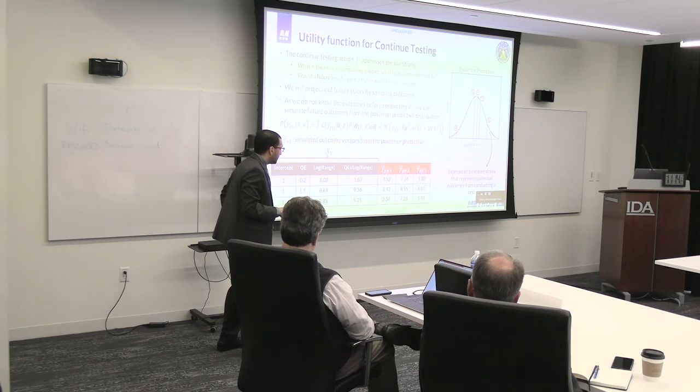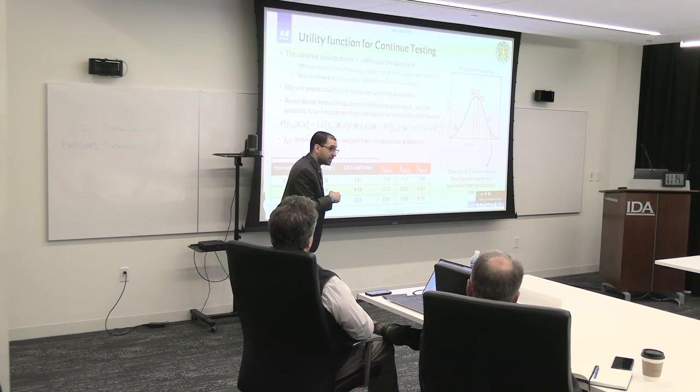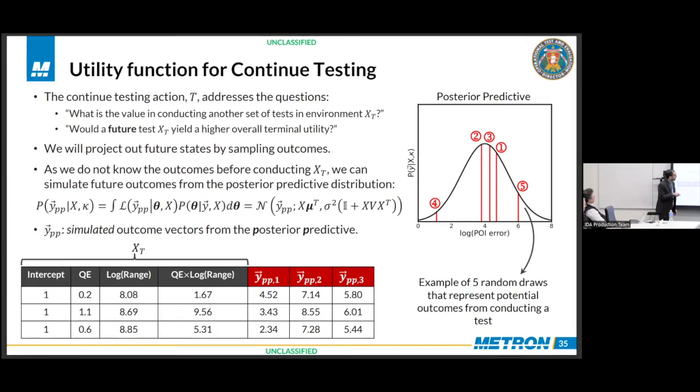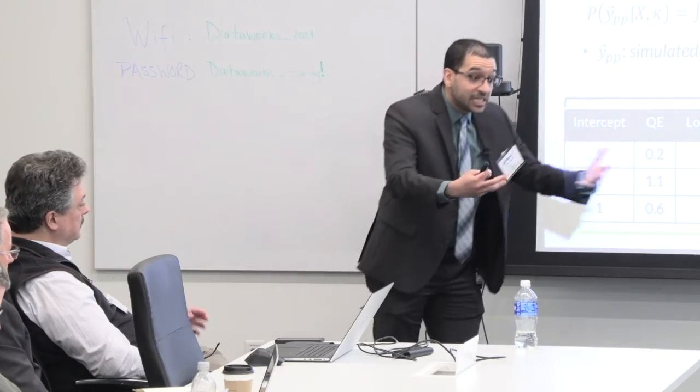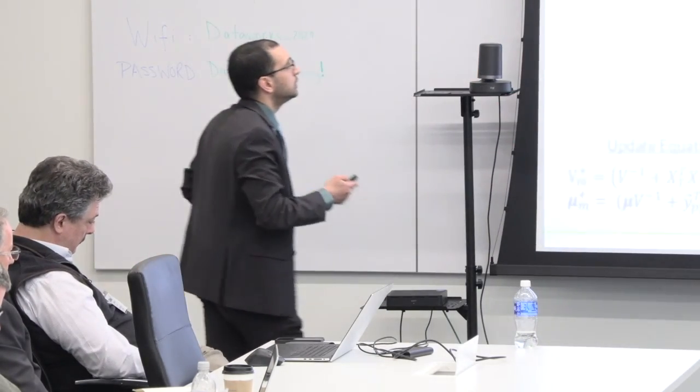Should I do this test? Well, one outcome of performing this test is I'll sample from the posterior predictive distribution, and I'll say, okay, maybe this is the outcome. Or I'll pull another point from this distribution, and maybe this was the point of impact errors for all of this test. And I'll sample several times and look at several realizations, several different universes of conducting this test.